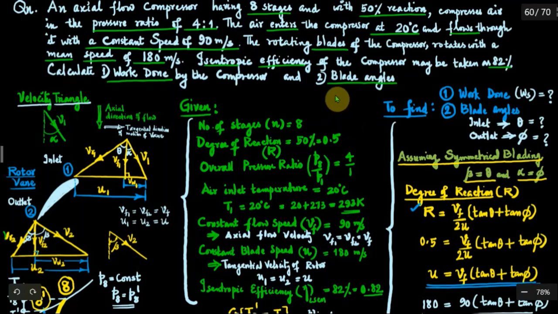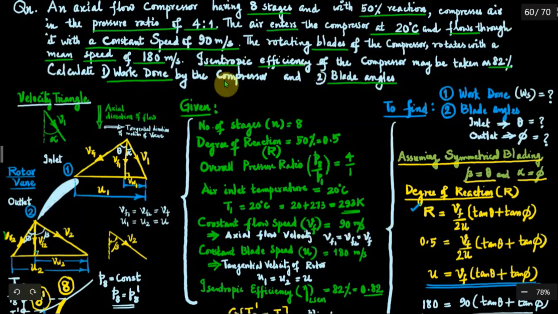At inlet, the vane angle or blade angle is theta, at outlet it is phi. So, you have to find out theta, you have to find out phi, and you have to find out the work done. But remember, the total or overall work done per unit mass of air you can find out, because mass flow rate is not mentioned over here. Now, we will proceed with the solution.